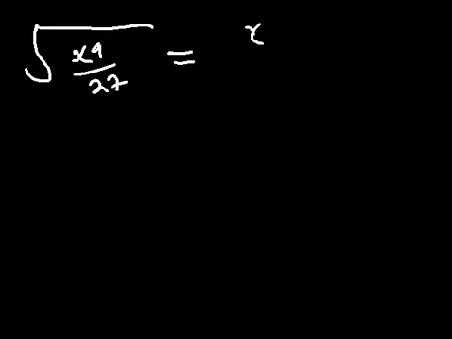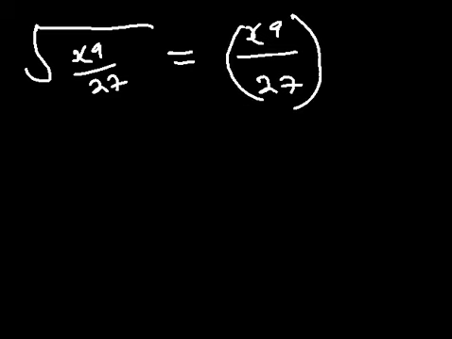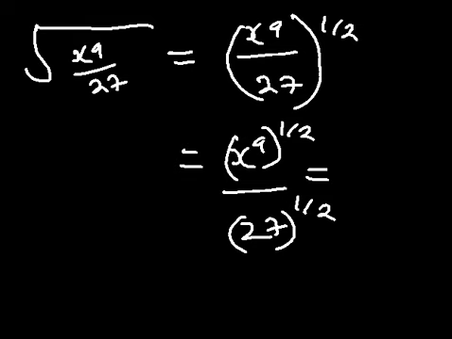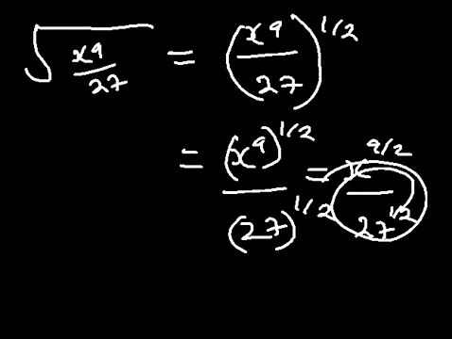This is the same as x to the power 9 divided by 27, the overall to the power half. And according to the distribution law, this is the same as x to the power 9 to the power half divided by 27 to the power half. Now this is the same as x to the power 9 over 2 divided by 27 to the power half. And of course that is the principle behind that.